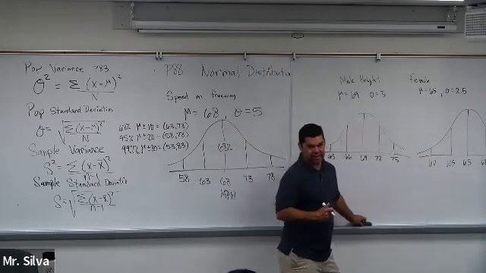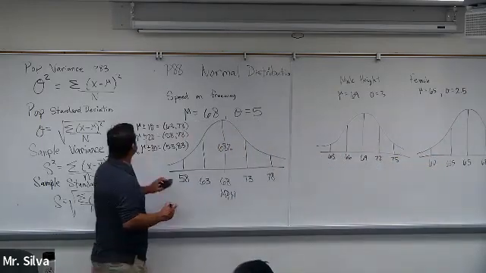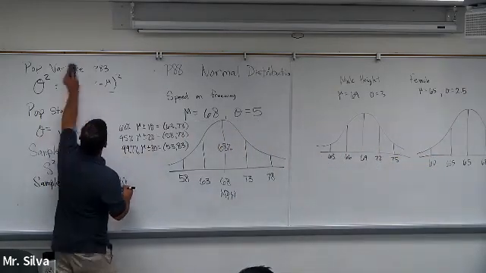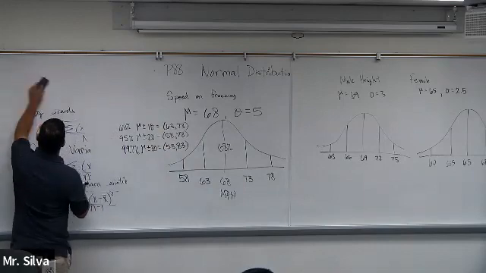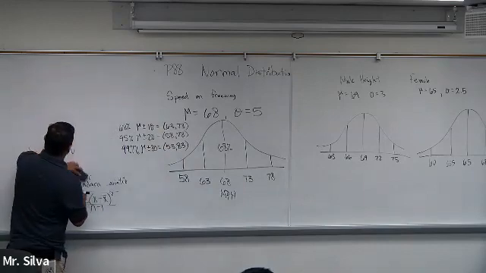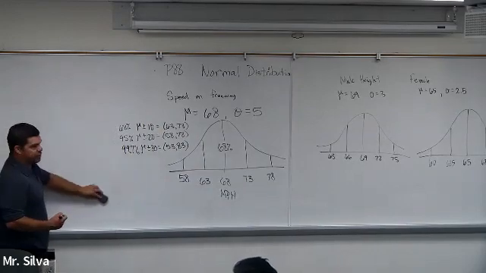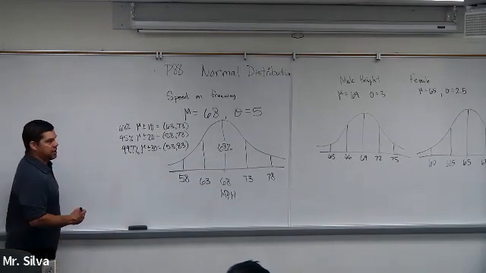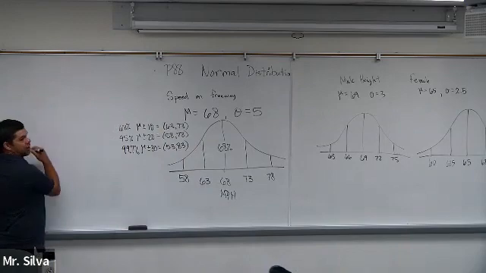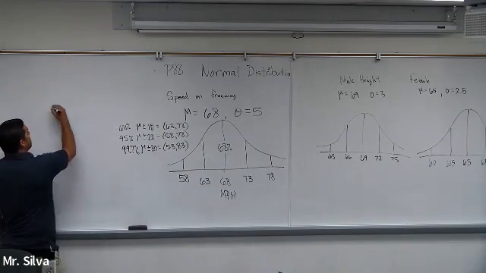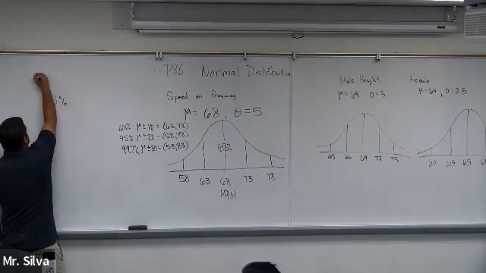For example, if you have two different classes, you have statistics, you have science. We can compare two groups. For example, in statistics, you take a quiz and you get an 85% on your statistics quiz.